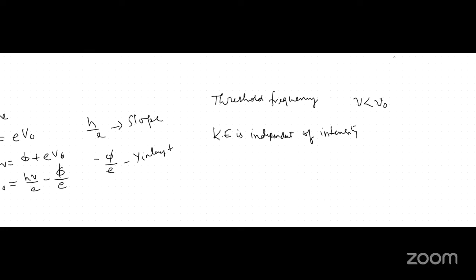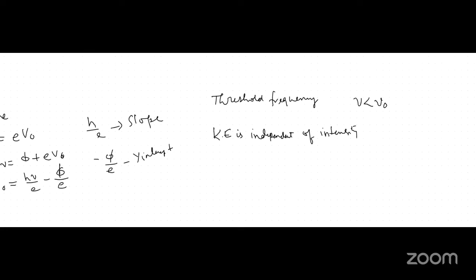If you take cesium, the work function is 1.9 electron volts, with a threshold wavelength of 653. Cesium and sodium are alkali metals. Sodium has a work function of 2.3. Zinc has a work function of 4.3.